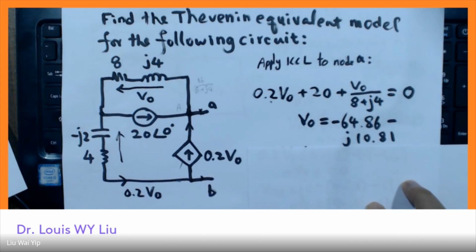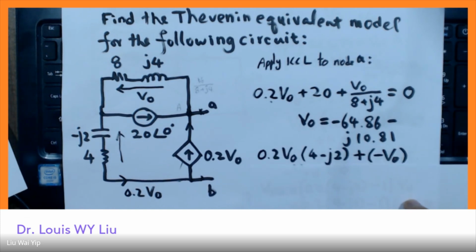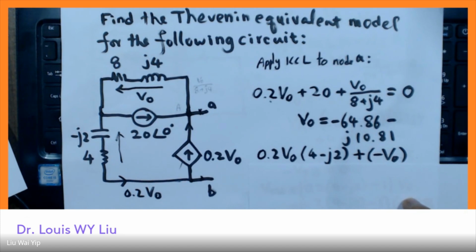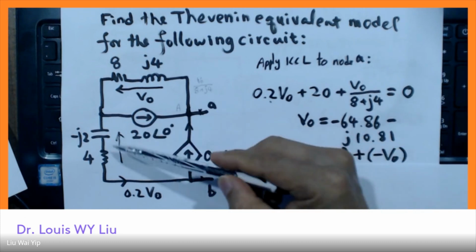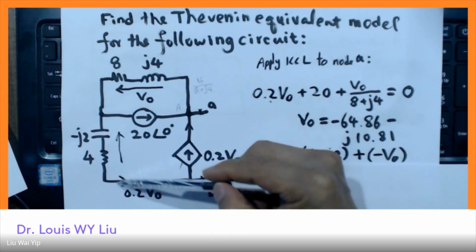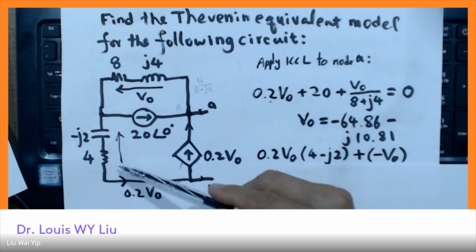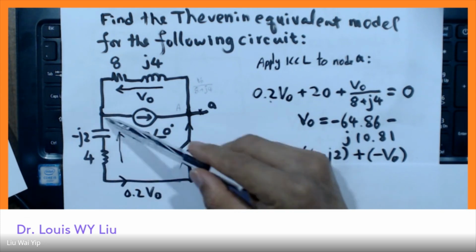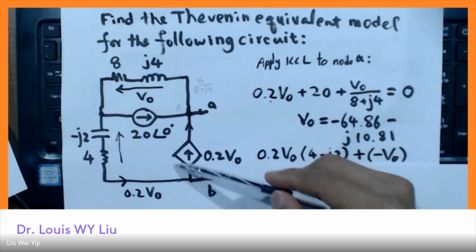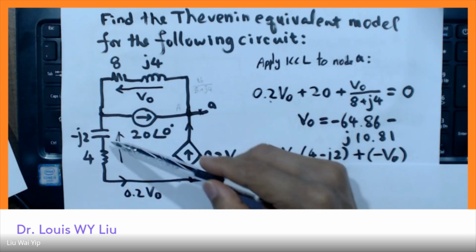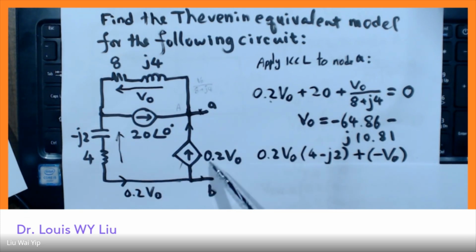So what we need to do is we carry on, we use the current through this branch times the impedance here to get this voltage. The current through this branch is 0.2 V naught.